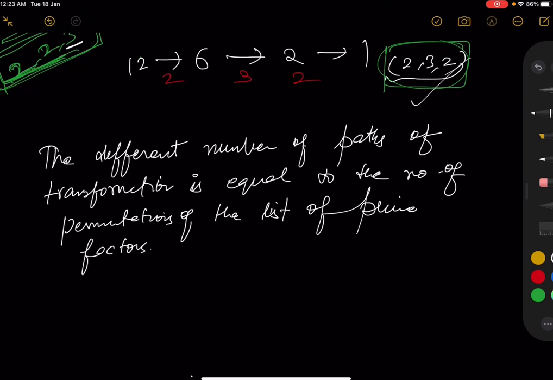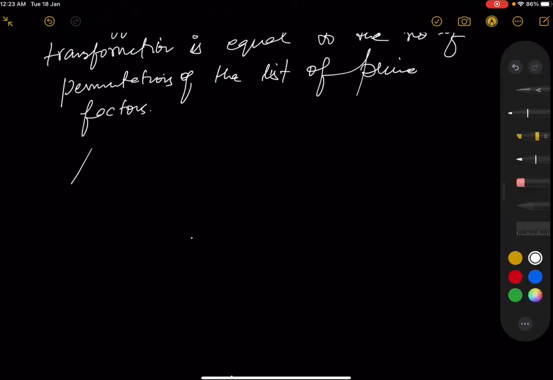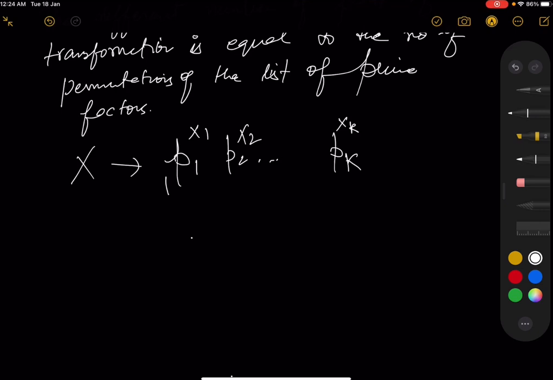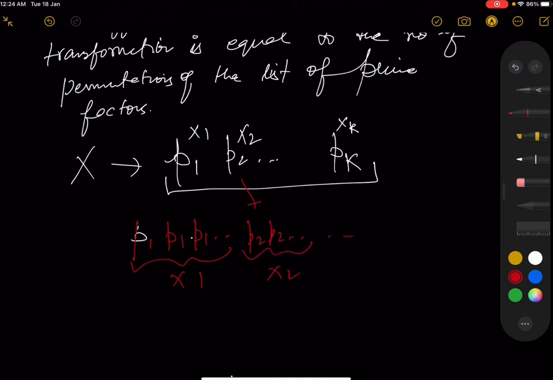So if there is a number x, and you represent it like this, let's say p1 to the power x1, then p2 to the power x2, and let's say x has k prime factors, with pk occurring xk times, then in how many ways can you permute all these factors? Let's see what it means first. It means that p1 is occurring x1 times, p2 will be occurring x2 times, and similarly pk will be occurring xk times.